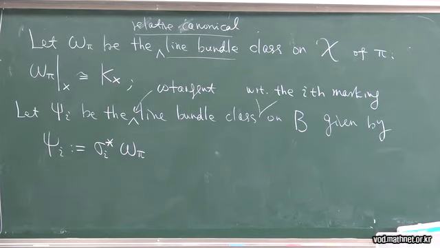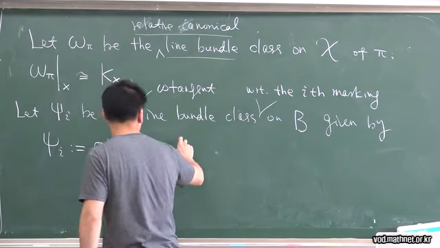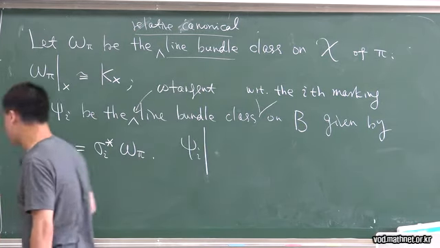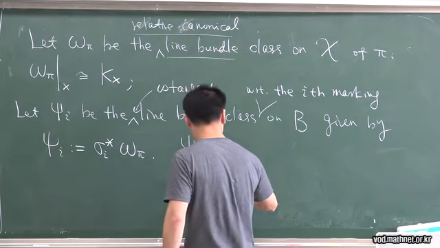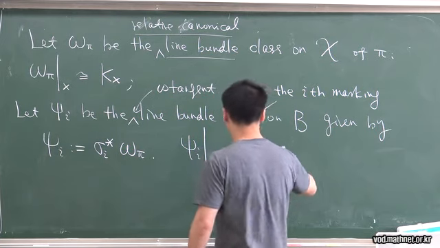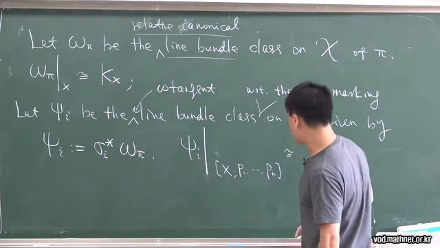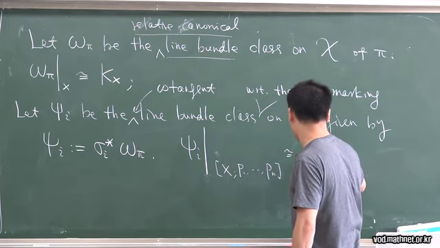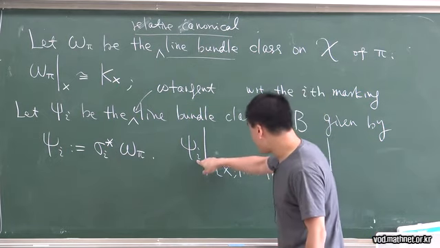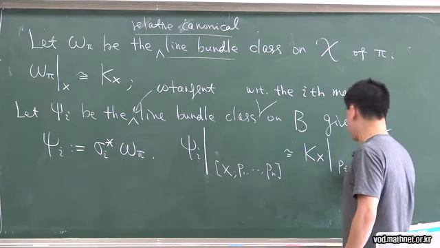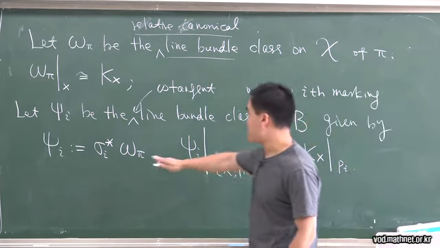Then psi i restricted to that point, I can canonically describe its fiber. It is canonically isomorphic to the cotangent line, the canonical bundle of X, with its fiber restricted to the ith marking, the point Pi. This follows from the definition directly.